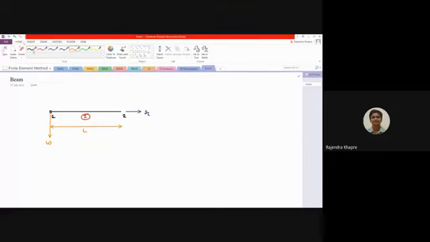Now let us quickly see the derivation of the stiffness matrix for the beam element. The very first thing we need to assume is the displacement polynomial function. If you remember, in the case of the bar, we assumed U equals A1 plus A2 x, or maybe U equals A plus BX.